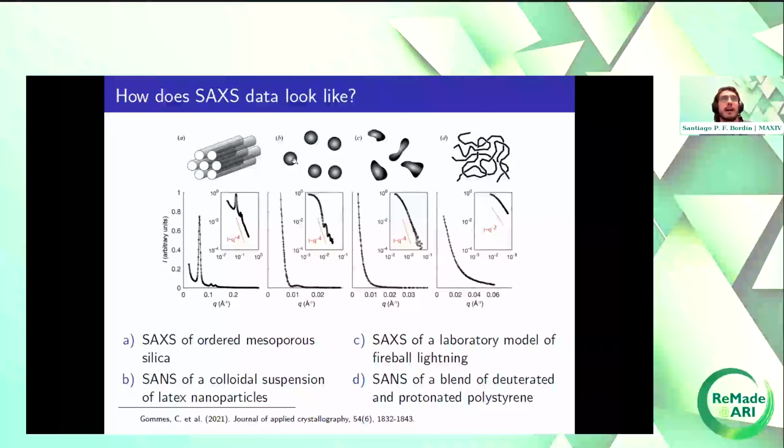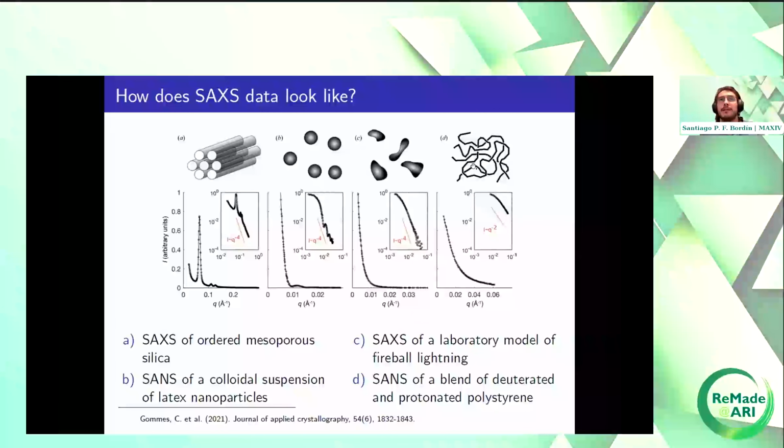If we have a monodispersed system, like this one, a colloidal suspension of latex nanoparticles, we will have a less defined peak, more broad, with well-defined minima. Then if we have a more complex system, like a not well-defined shape sample or particle, we will have a curve with a well-defined slope.